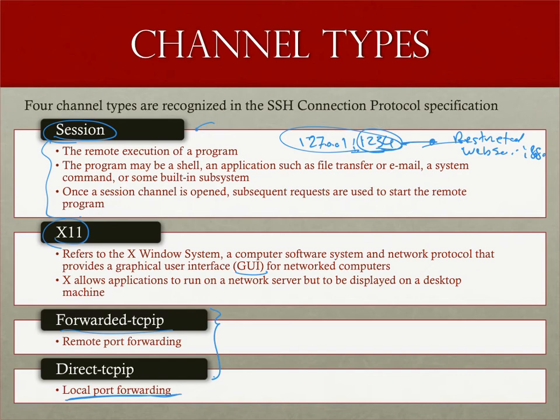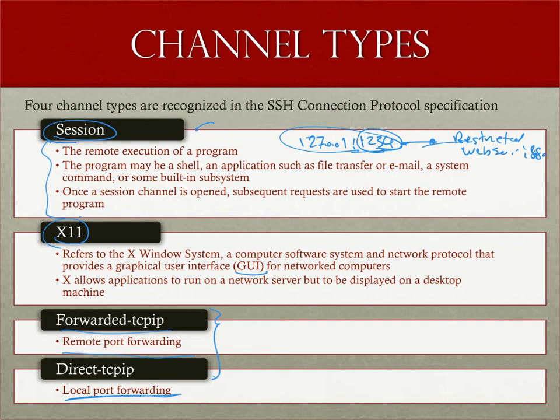In that case, you have to do the reverse operation. You say that if the incoming traffic has a remote port, that's why it's called remote port forwarding. Because remember, in TCP, for any socket, for any communication, you have to provide the local port and the remote port, and the local address and the remote address.